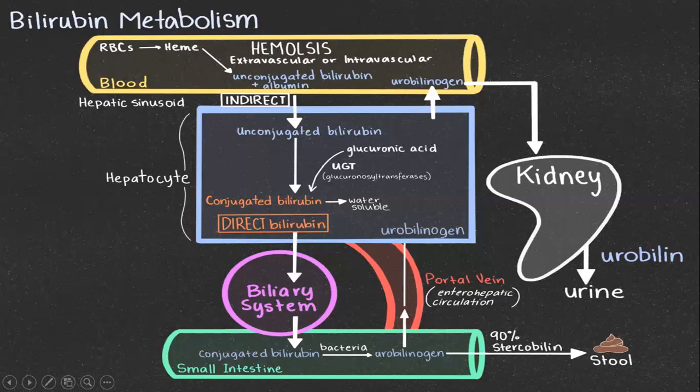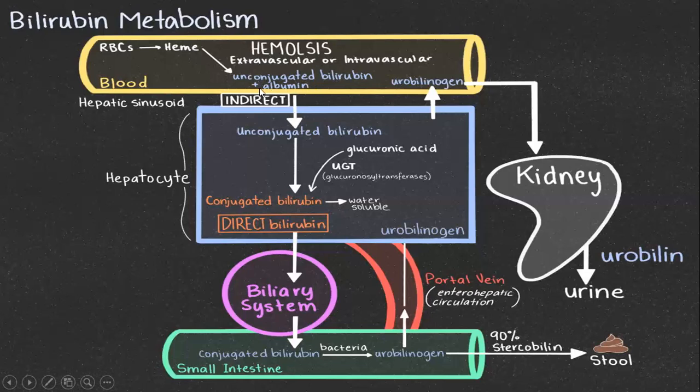Your biliverdin is converted by biliverdin reductase into unconjugated bilirubin, also known as indirect bilirubin, or B1. Now your unconjugated bilirubin attaches to a transport protein, albumin.